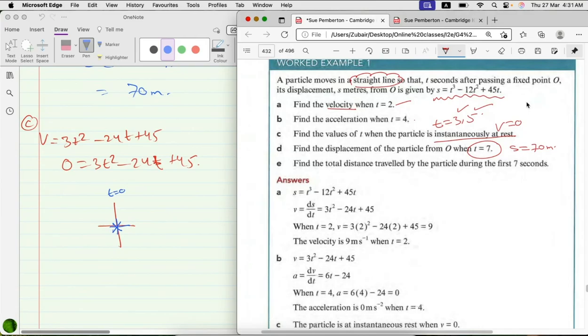We already have the velocity equation and this is the displacement equation, right? It is given in the question: S equals t cubed minus 12t squared plus 45t.